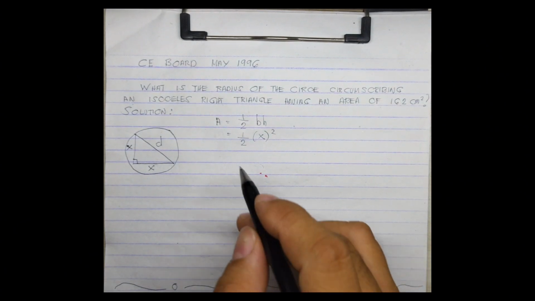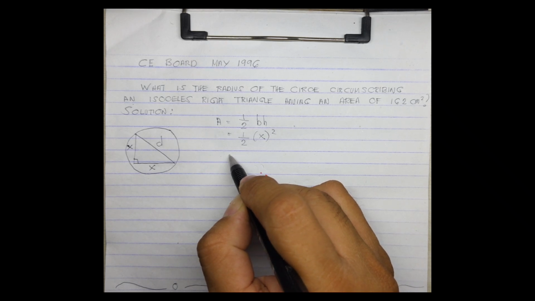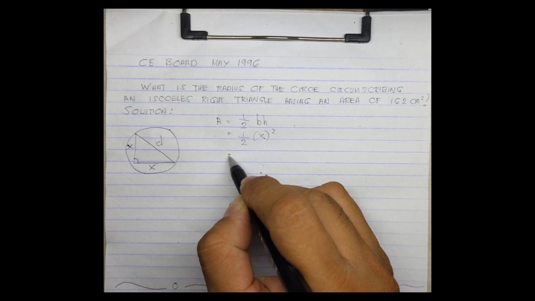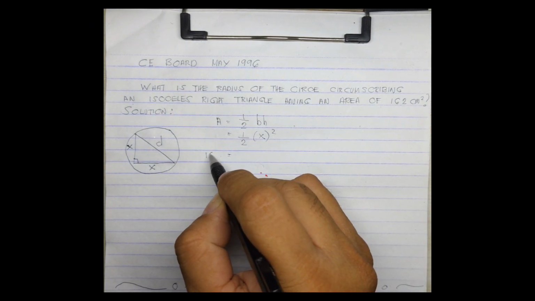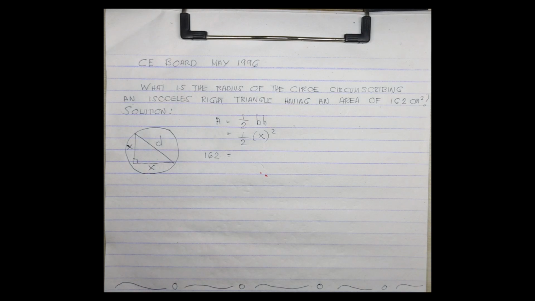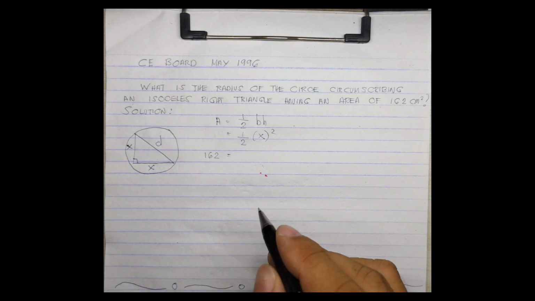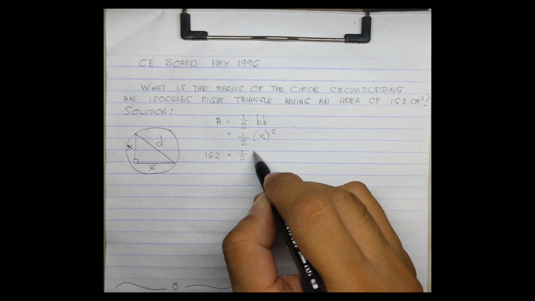Okay. So therefore, area is equal to 162 square meters. So we replace this one with 162. Okay. And this one, the 1/2 of x squared.